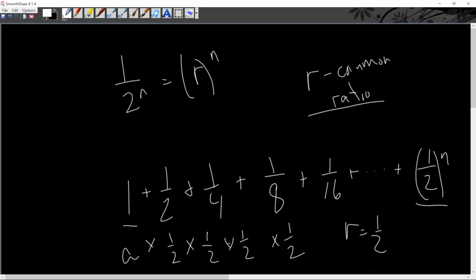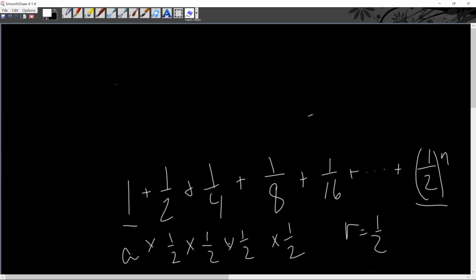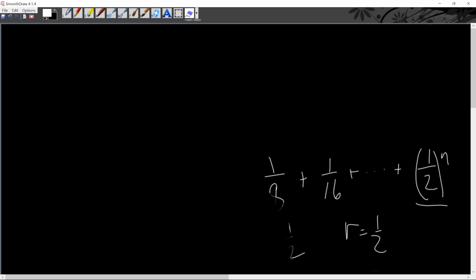And we will talk about how this would converge and what values of r satisfy the important conditions for a geometric series to converge. But this is one of the few series that you can actually get values for if it does indeed converge, and we will talk about how that works and why that works in just a second.